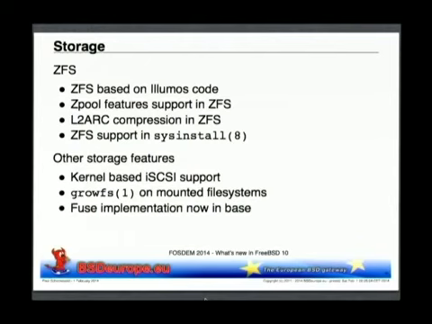So instead now we have feature flags, and that's indicated by version number 5000. So if you see a ZFS pool with version 5000, you know it's handling features, which means that every single feature has its own flag, and you can have various combinations of features available depending on which code you're using. So it's easier to maintain in the future.